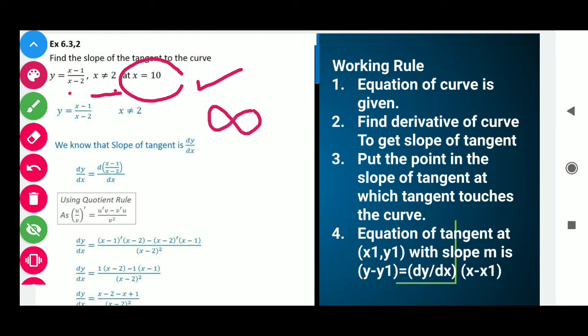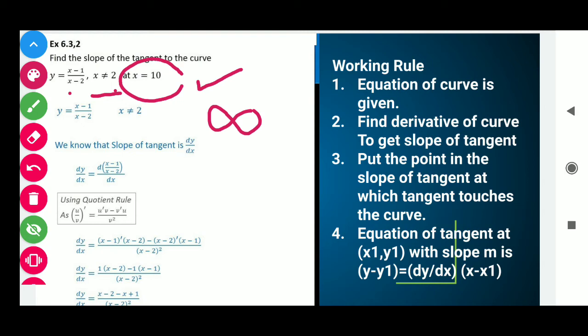So we can also say that this is a singularity. That's a new word, singularity. What do we call a singularity? If we put in a point and at that point the curve becomes infinity, then we get a singularity point. We cannot accept the value 2, we can put any other value, that is valid. But we have to find the slope of the tangent at the point x is equal to 2.